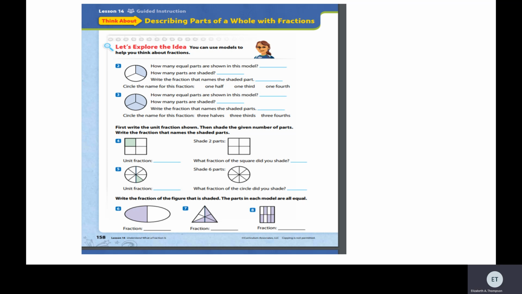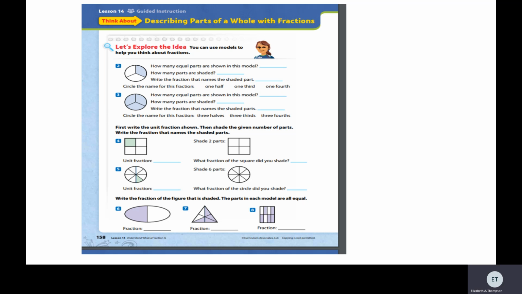There's a model, and it tells you that that model is 1/3 of a whole. So you only have one part of a fraction. See if you can draw what 2/3 of the shape, the square, would look like. And then try the same with the little triangle.